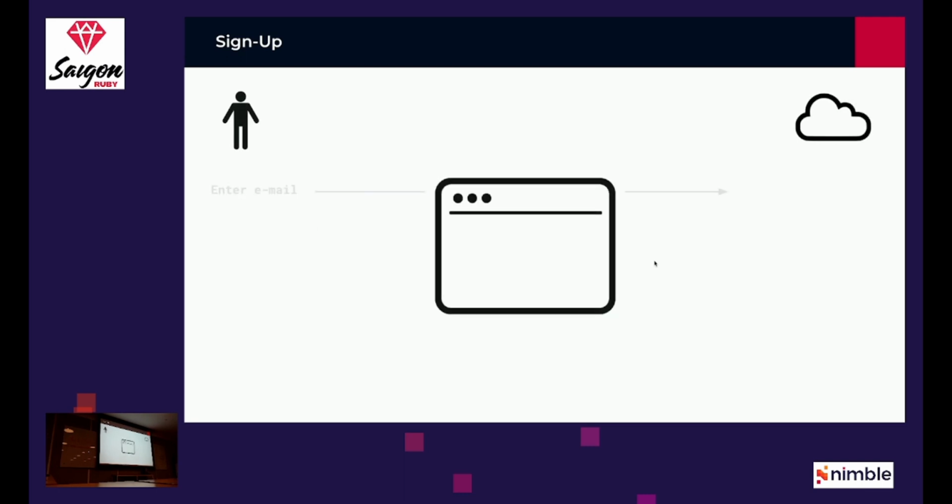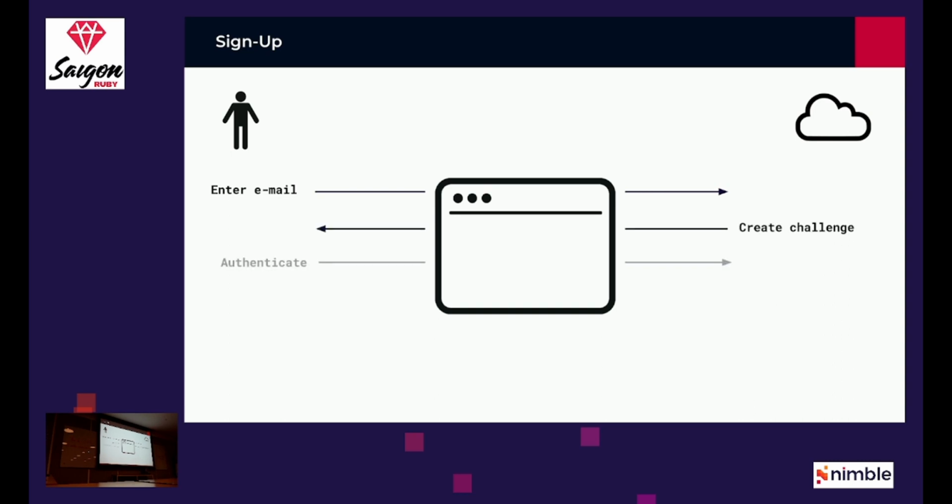Going into a bit more technical detail. The user comes to the website to register the account, they enter their email or password, and the server will send back a challenge. A challenge simply means a long random string.